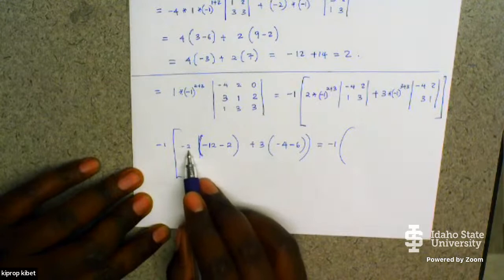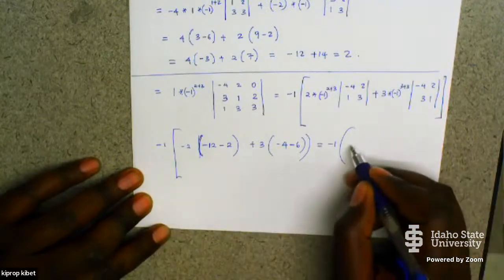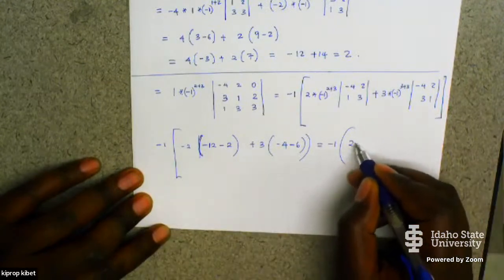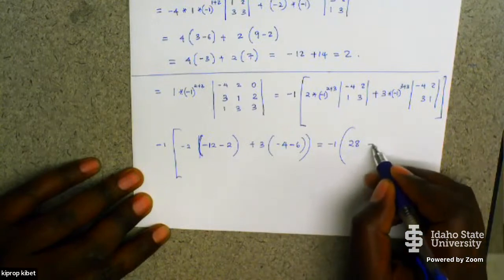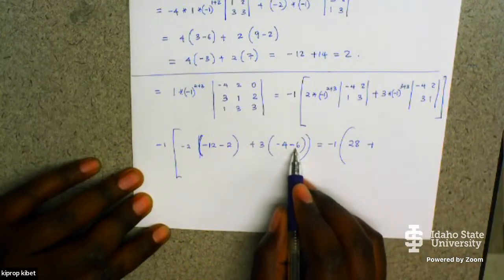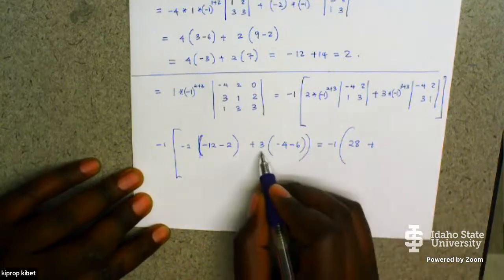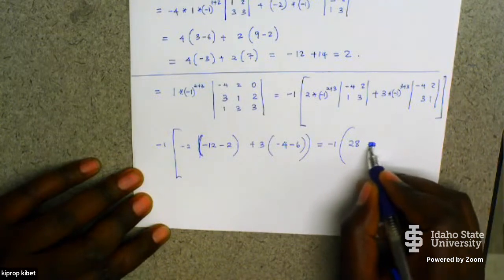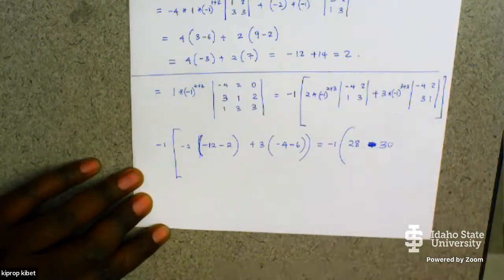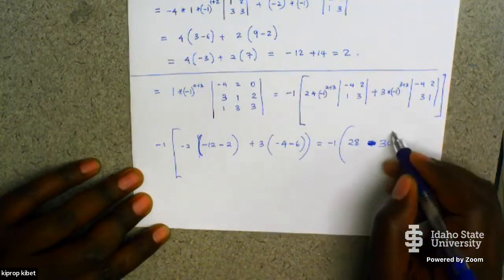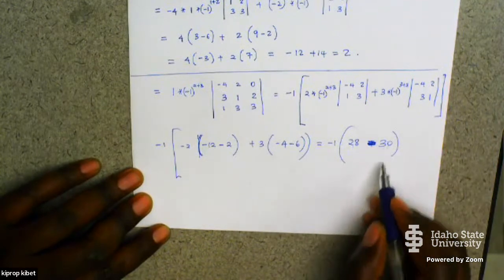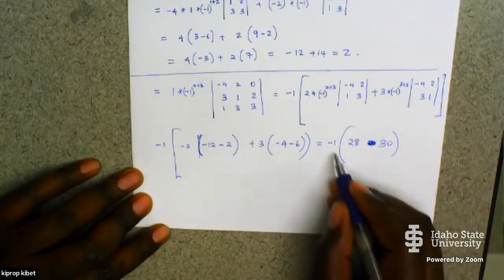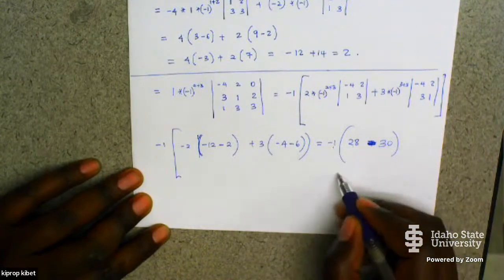Multiplied by -2 is 28. Plus -4 minus 6 is -10. Multiplied by 3 is -30. So this is -2, and multiply by -1 is 2.